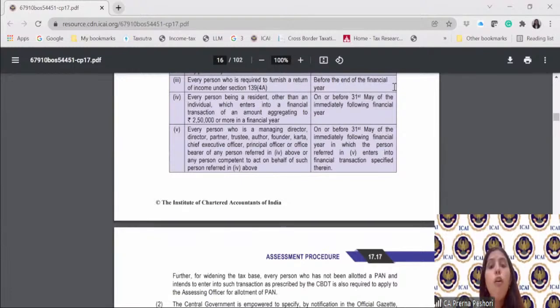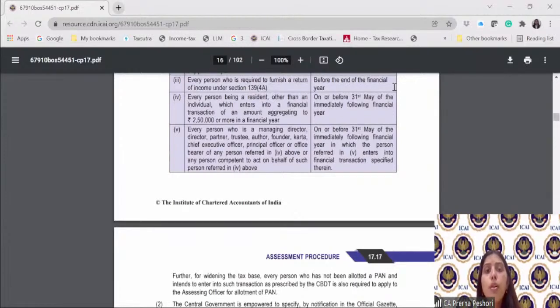Or if you quote a wrong PAN or Aadhaar, then again 10,000 is the penalty for that. If you fail to ensure that PAN or Aadhaar is duly quoted, then 10,000 is going to be the penalty.